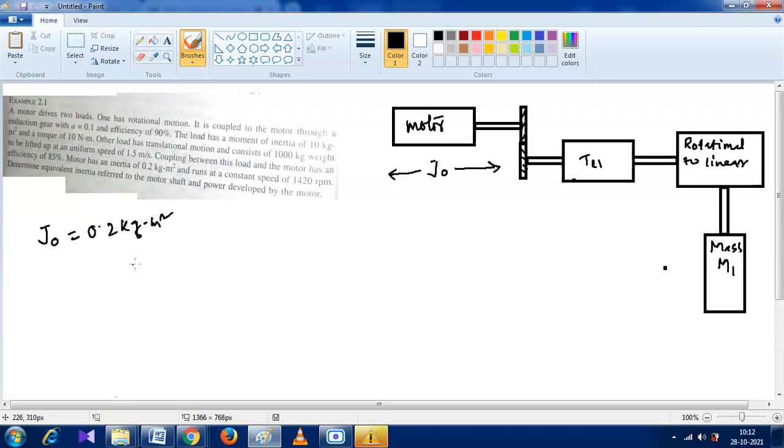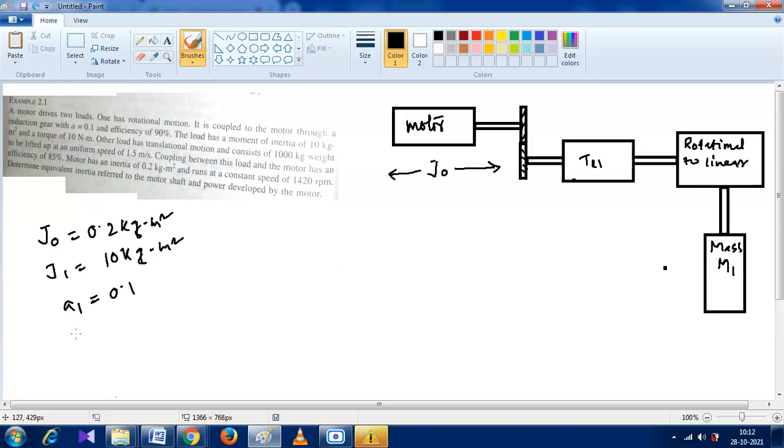Good. The value of J1 is equal to 10 kg meter square. And what is the value of A1? That means the gear ratio is 0.1.